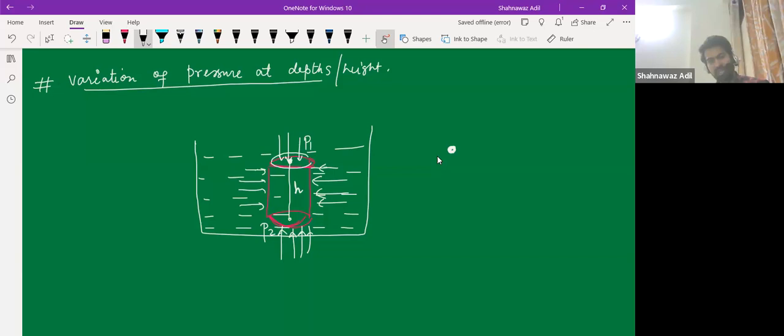This thing is not moving. All the forces which are acting on this thing cancel each other out. That is the meaning of equilibrium.